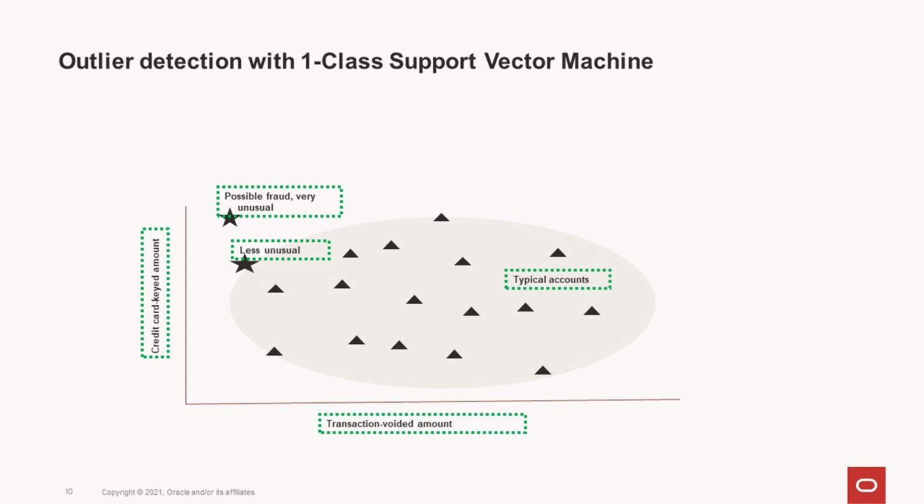You are probably familiar with support vector machines as binary classifiers. So if we had labeled instances of fraud, not fraud, what we could do is use, for example, the support vector machine in its traditional role as a binary classifier, fraud, not fraud.